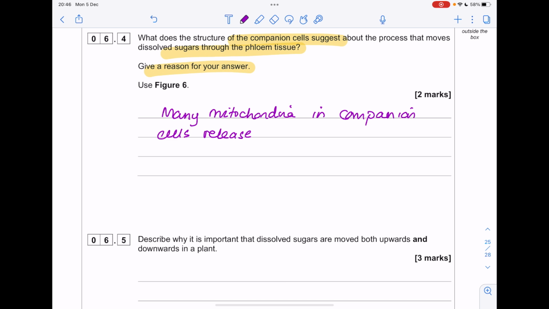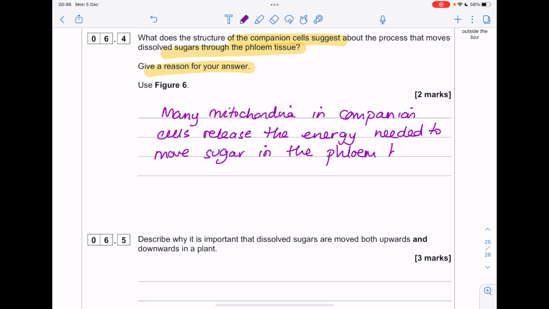Release the energy needed to move sugar in the phloem by active transport. Cramming our answer with marking points, specialised terms.